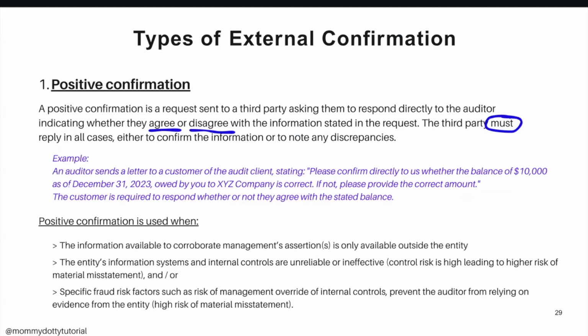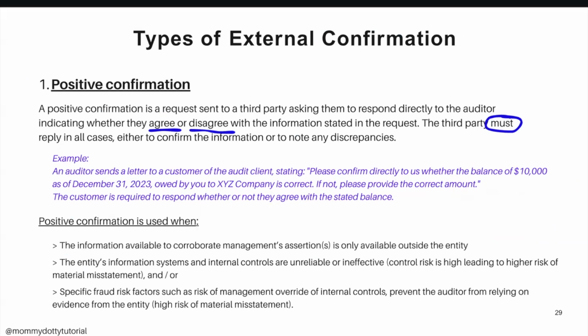For example, an auditor sends a letter to a customer of the audit client stating, please confirm directly to us whether the balance of $10,000 as of December 31, 2023, owed by you to XYZ company is correct. If not, please provide the correct amount. So the customer is required to respond whether or not they agree with the stated balance.